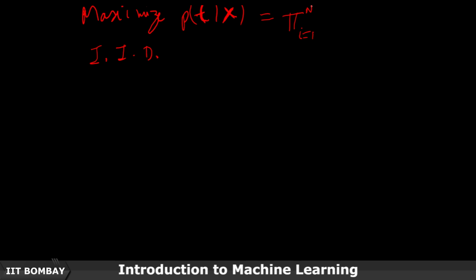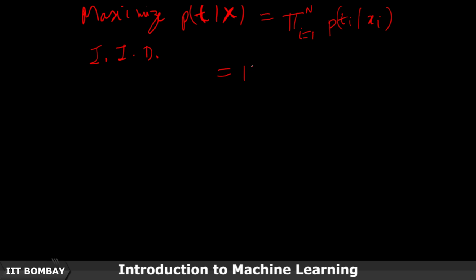Each ti has a probability independent of the other tj's, so we will have p of ti given xi. It does not depend on other x's because it is independently and identically distributed with respect to other t's. So now what is this probability distribution?